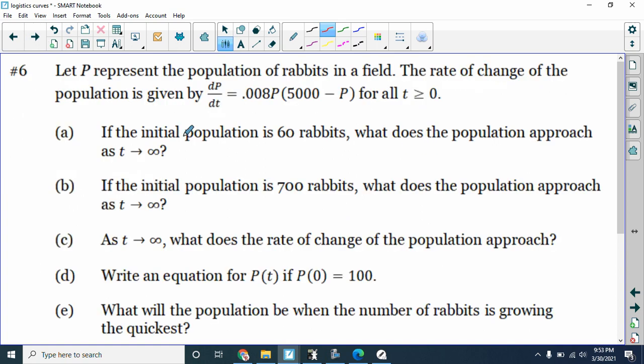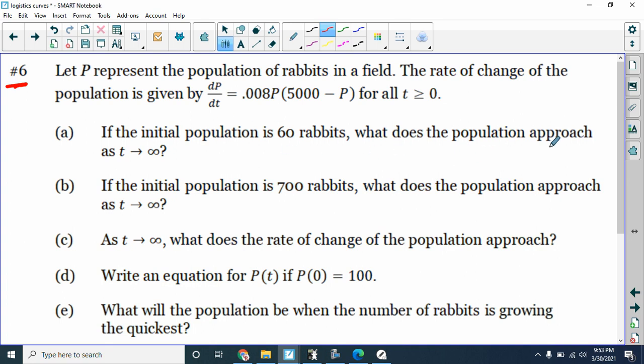And number 6, I don't know why it's called number 6. Says, let P represent the population of rabbits in a field. The rate of change of the population is given by dp dt equals 0.008 P times the quantity 5,000 minus P. Part A says the initial population is 60.